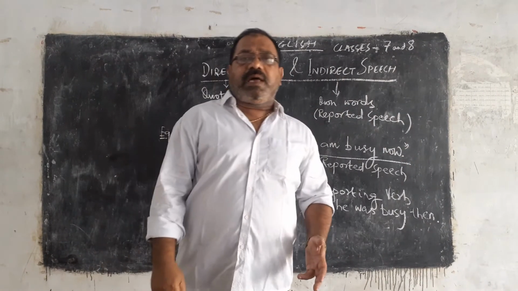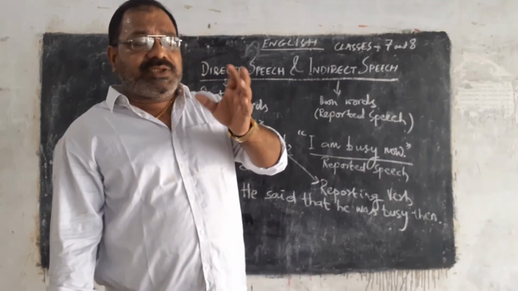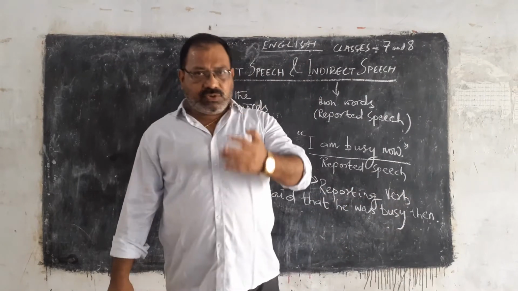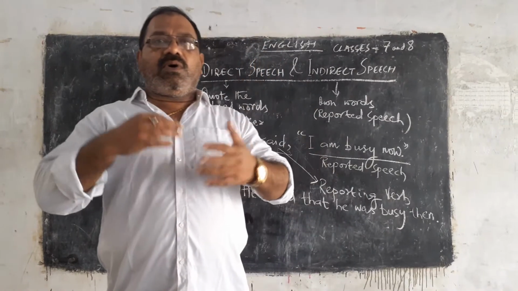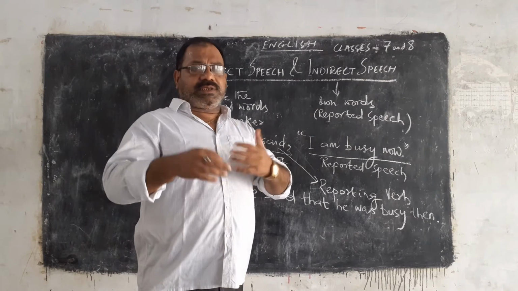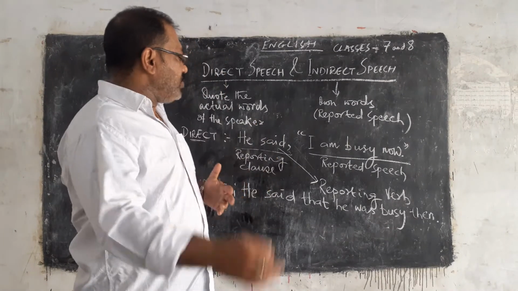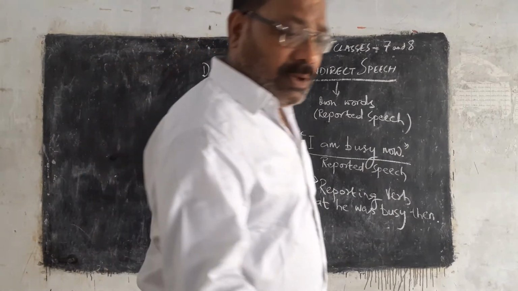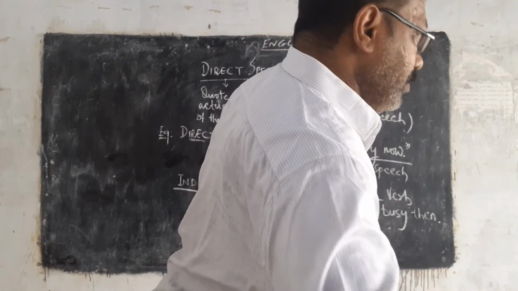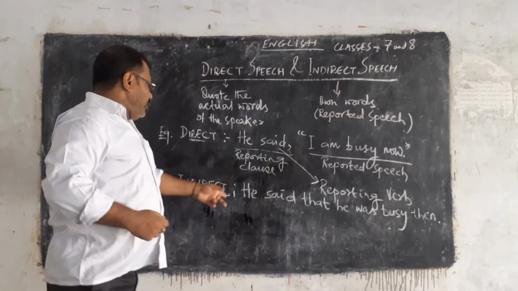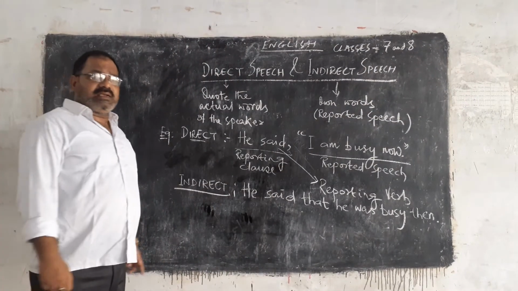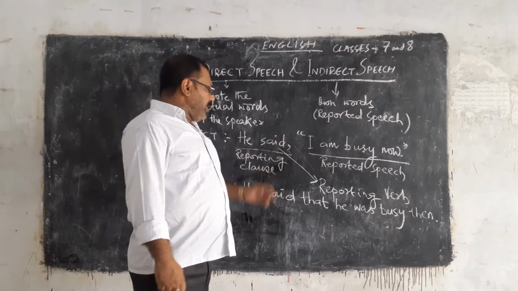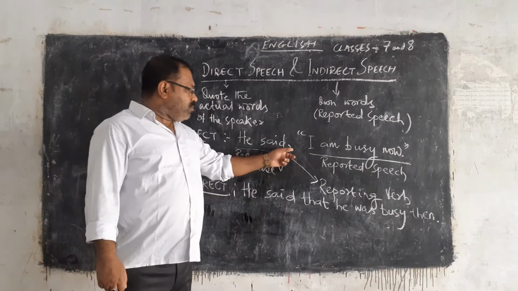While transforming from direct to indirect, some words change. I will come to it later on as I go on explaining to you, making you understand gradually step by step. So see here, what we did, the basics from direct to indirect. After the reporting verb, we have removed the comma.